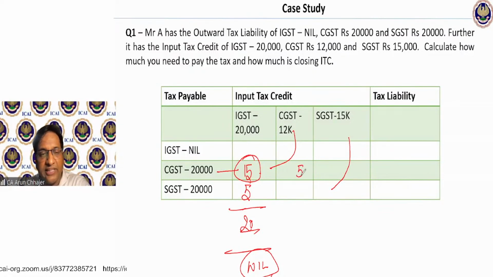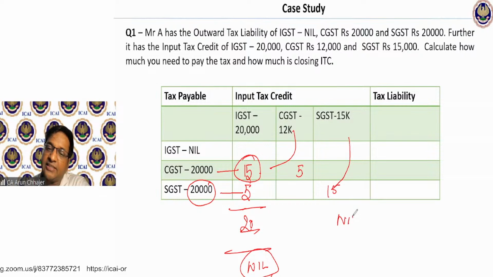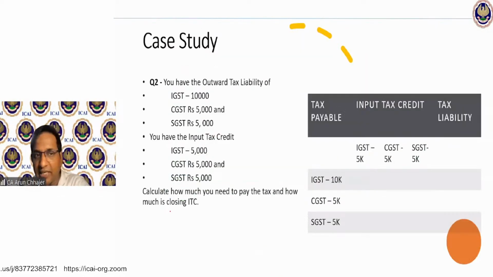So 5,000 they will take from CGST, and SGST needs 20,000, of which 5,000 they have taken from IGST, so the balance they will take from SGST. What is the closing balance of SGST? This time it becomes 0. What is the closing balance of CGST? 7,000. So it can be 5,000, it can be 5 and 2, it can be whatever combination, but the total 7,000 would be there and nothing is to be paid in cash.